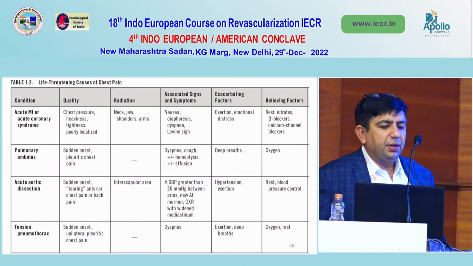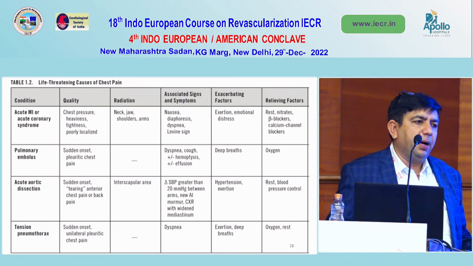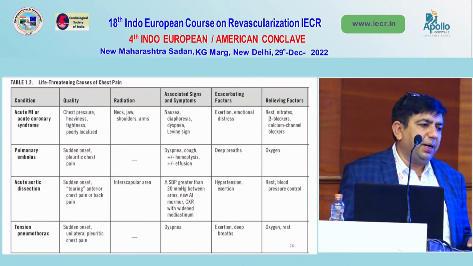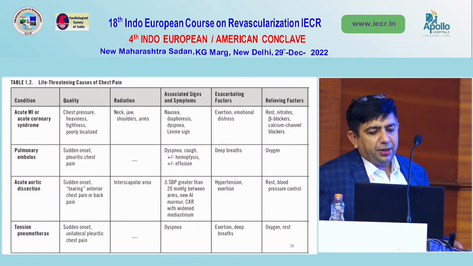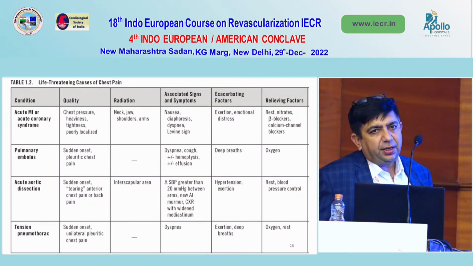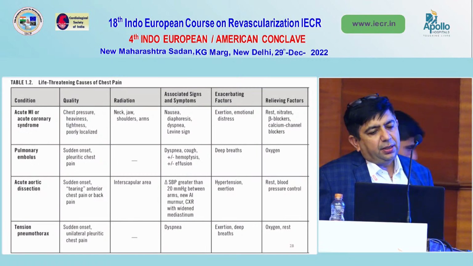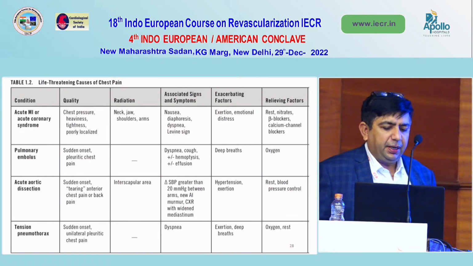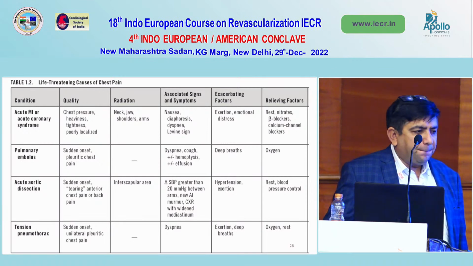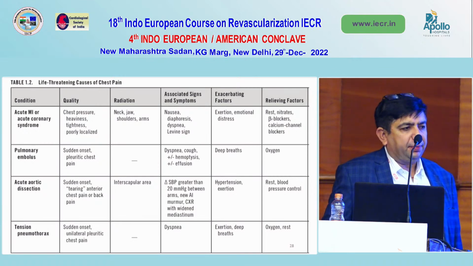We can assess patients by the character of pain, past medical history, examination, vital signs, ECG and X-ray. The take-home message is that we should not ignore life-threatening chest pain. We must assess this properly.